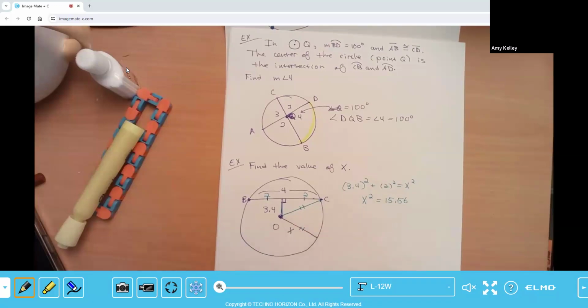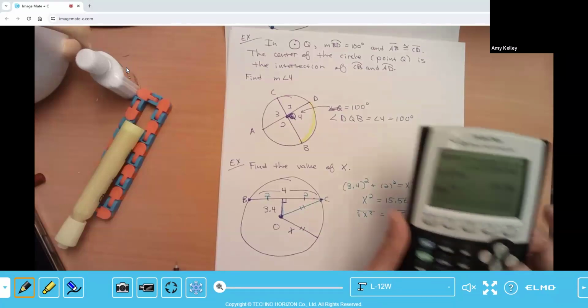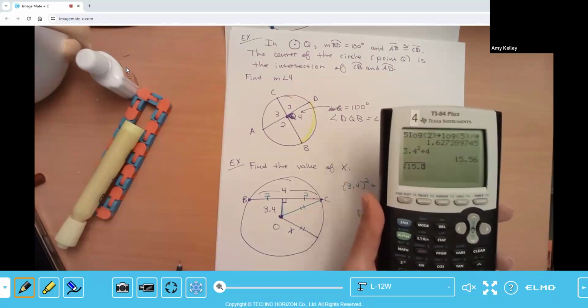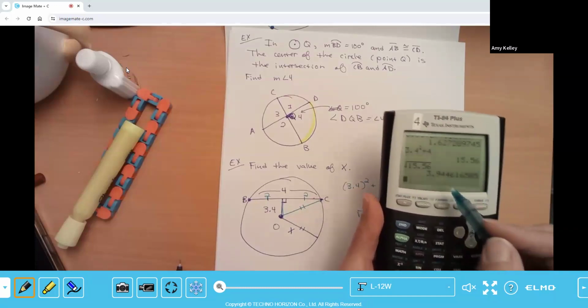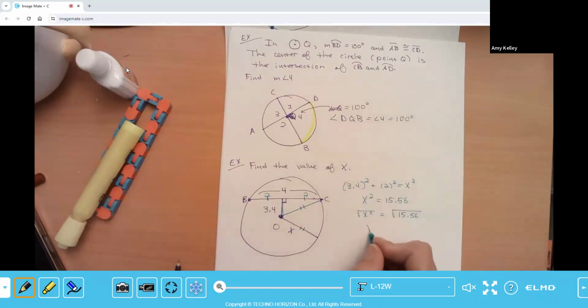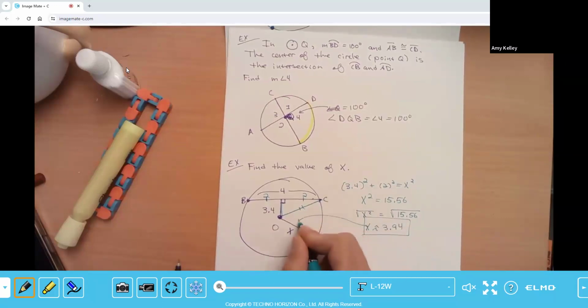Then we just take the square root of 15.56, and we end up with about 3.94. Any questions for that one?